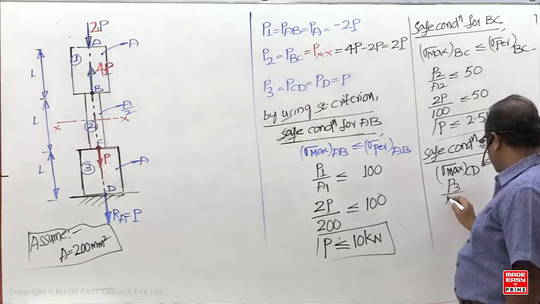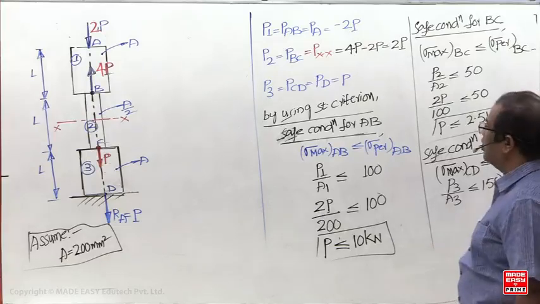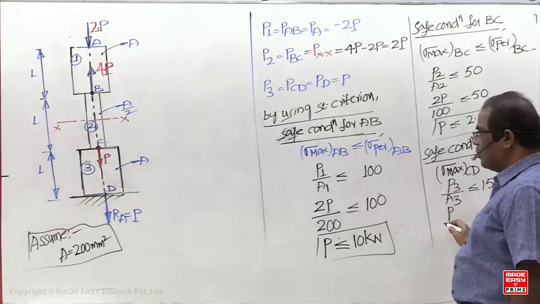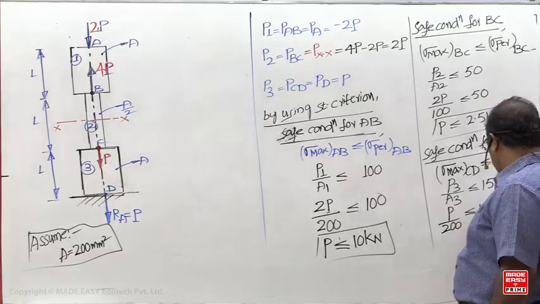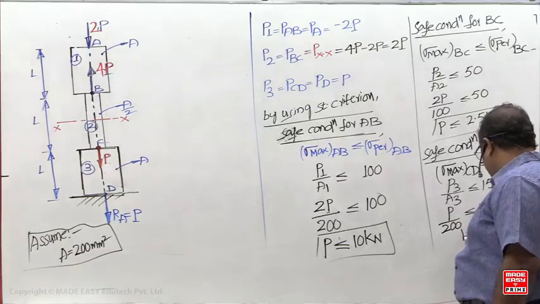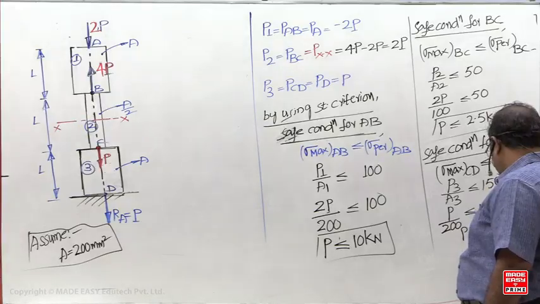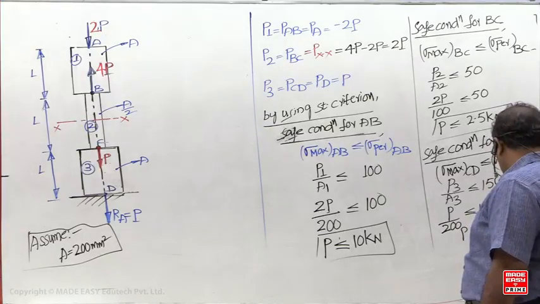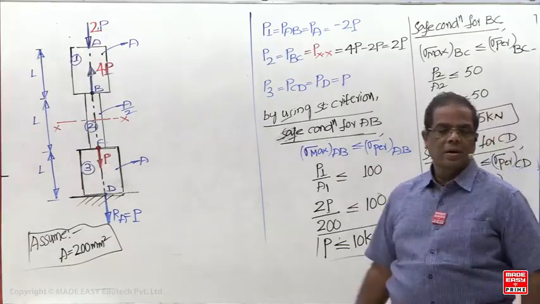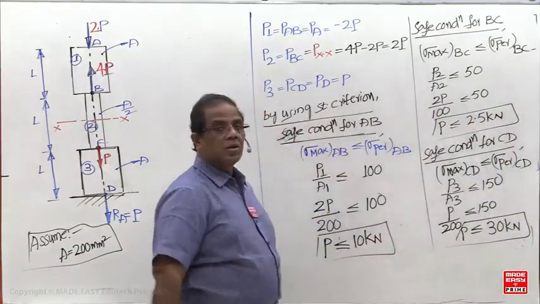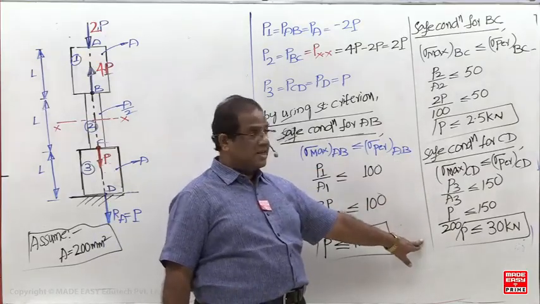P3 by A3 is 150. What is the P3 value? P. Area, how much is it? 200. So P value is 30. So if CD should not fail, the maximum value for P is 30.